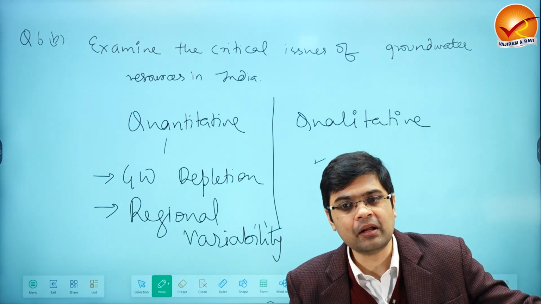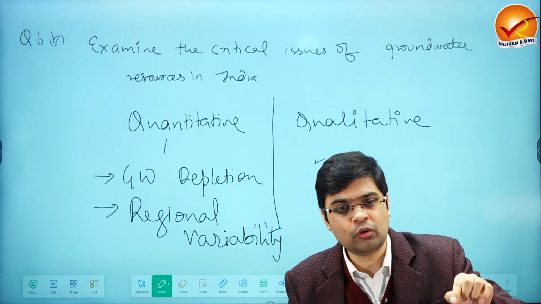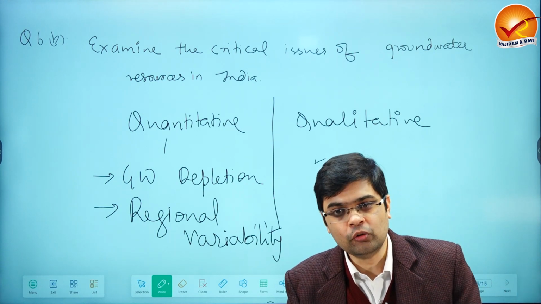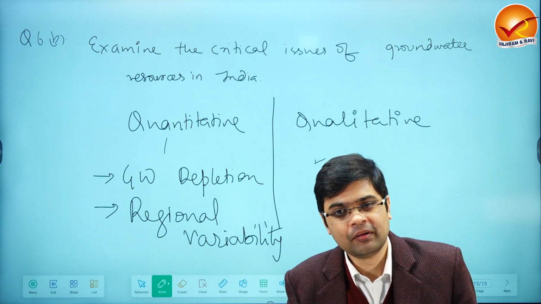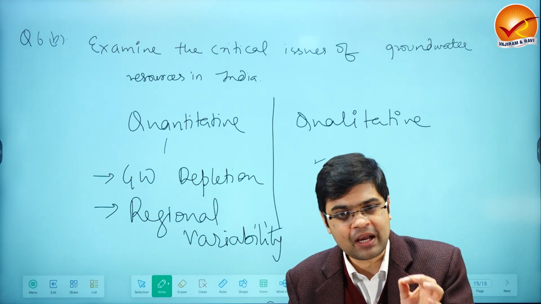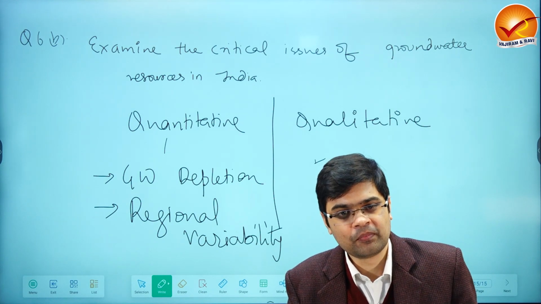But I am a rich person, I can afford to dig to 100 feet. You cannot dig to 100 feet. So I will suck up all the groundwater. How will you establish the ownership right?